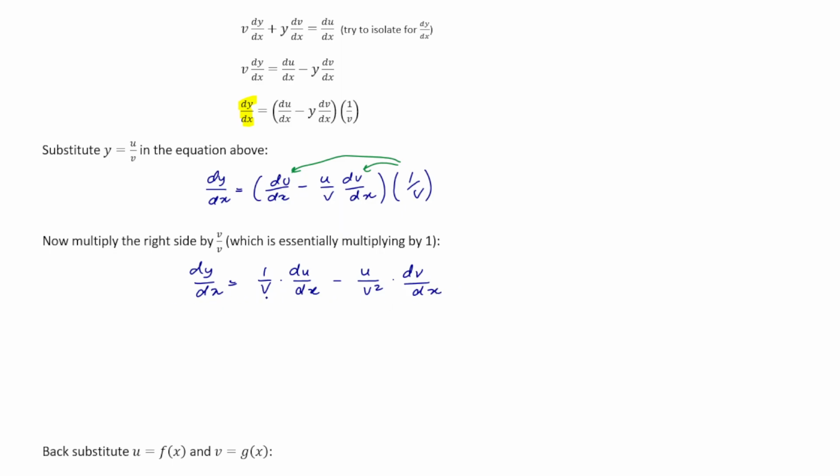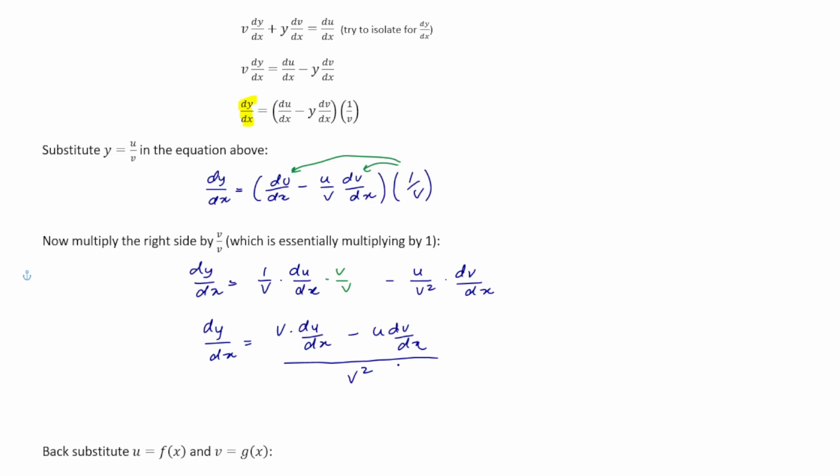Okay, we need to have a common denominator here, so I'm going to take the second term right here, move it to the side, and multiply it by v over v, and then I end up with this right here, which is v du dx minus u dv dx, all over the common denominator now of v squared.